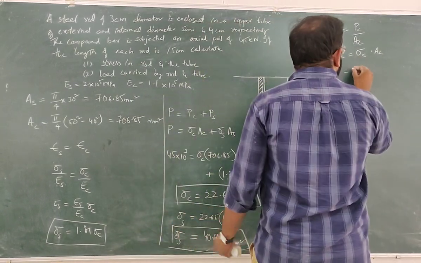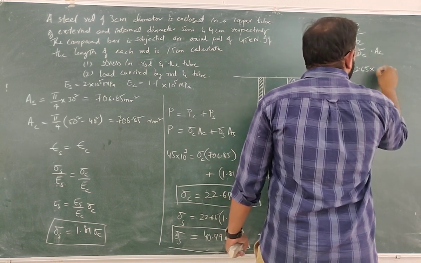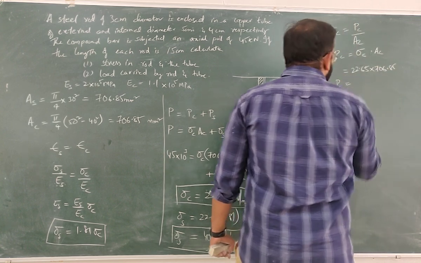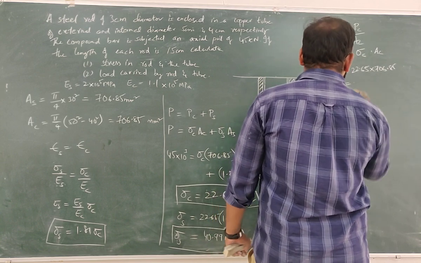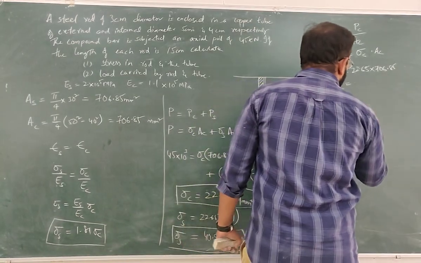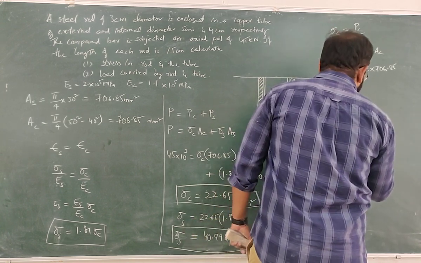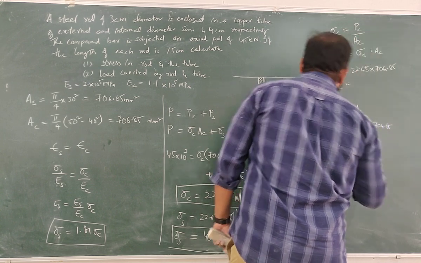This is equal to 22.65 into 706.85. Tell me what is the answer for PC here. Similarly, PS will be equal to sigma s into AS. What is sigma s? 40.99 multiplied by 706.85. Tell me both the answers.